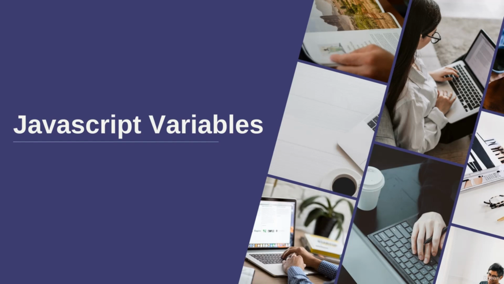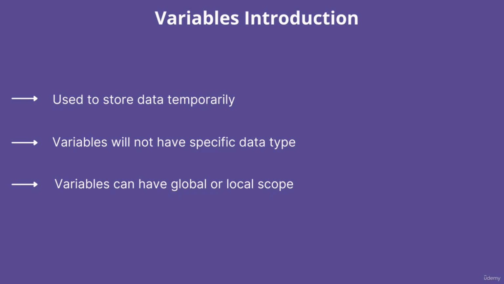In this video of JavaScript, we will begin with variables. As in programming and even in the scripting of JavaScript, variables are something which can store a single value at a time temporarily. Temporarily means the value can be changed later during the execution if required.